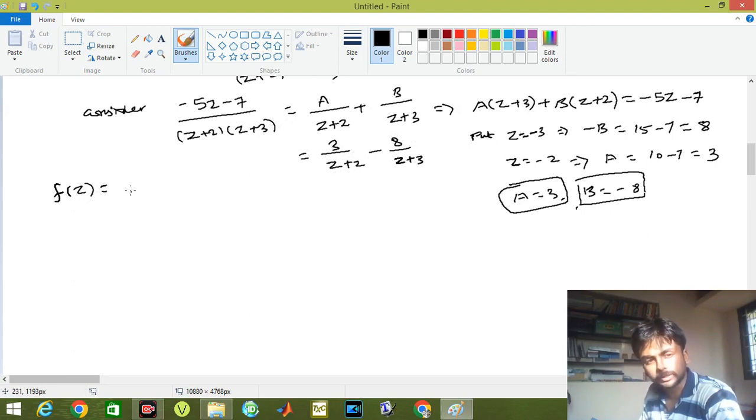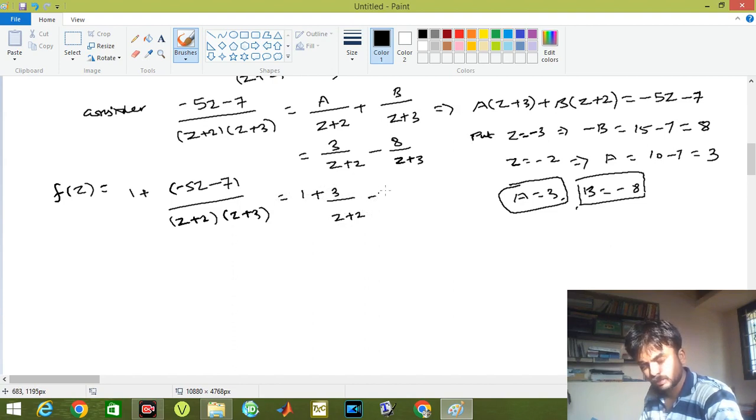So f of z is 1 plus 5z minus 7 divided by z plus 2 into z plus 3, that is equal to 1 plus 3 divided by z plus 2, then minus 8 divided by z plus 3.